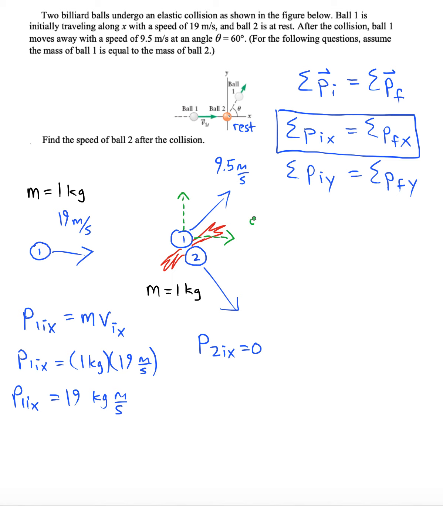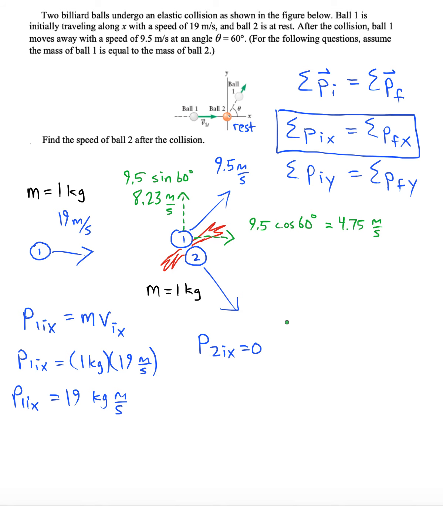Over here, we have 9.5 times the cosine of 60, which is 4.75 meters per second. And up here we'll have 9.5 times the sine of 60, 8.23 meters per second.